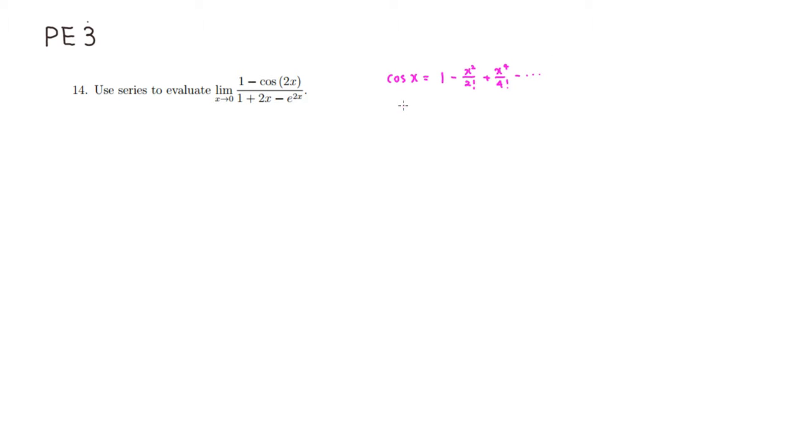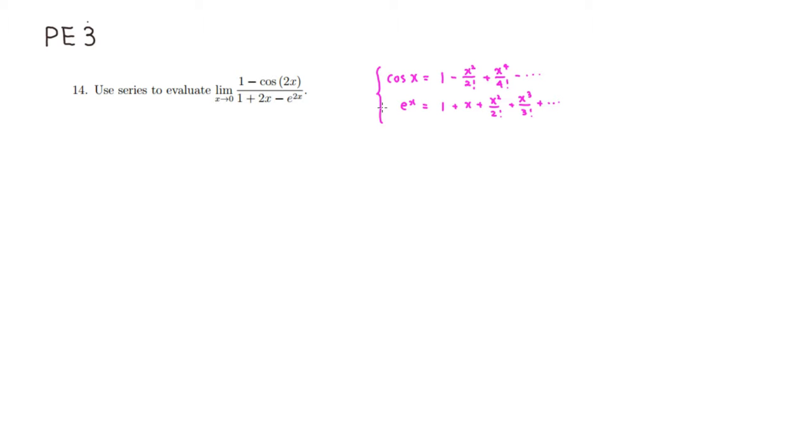Then we have the exponential function e to the x, which is equal to 1 plus x plus x squared over 2 factorial plus x cubed over 3 factorial, and so on. So those are the power series that we can use.